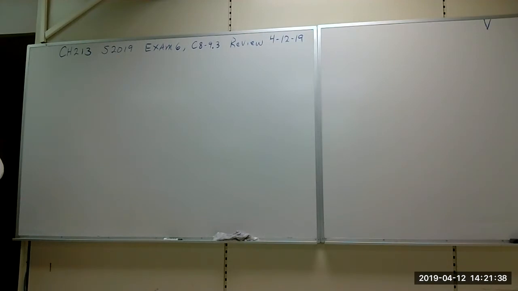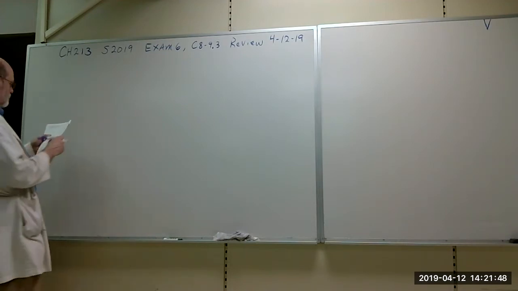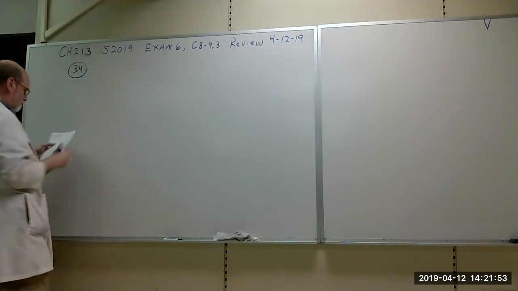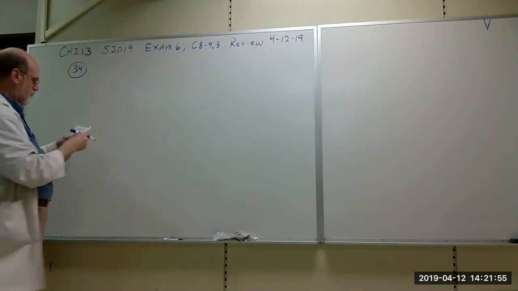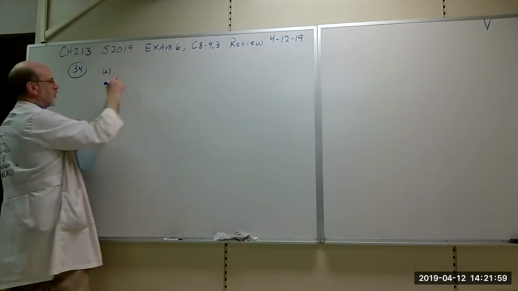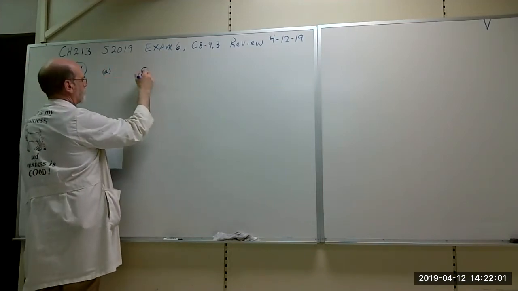How about 34? Of the following, which molecule has the largest bond angle? A, ozone. We drew ozone before, didn't we?